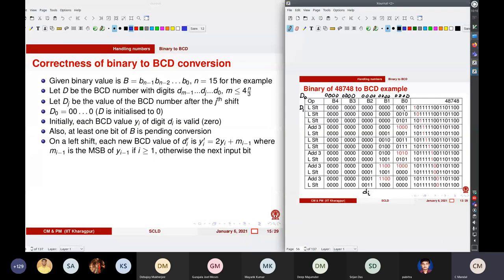This one is, of course, D0. What you see here is, for example, y0.